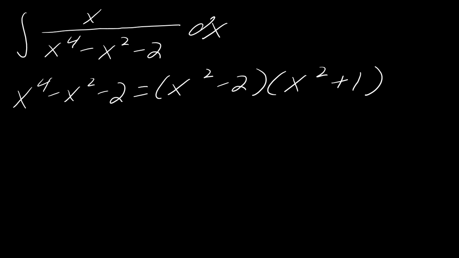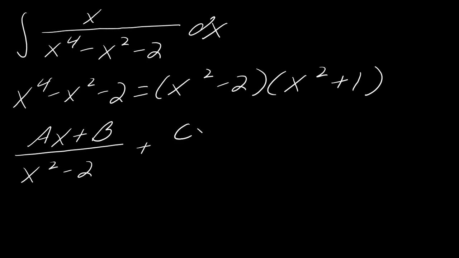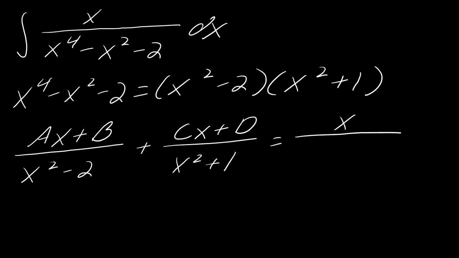For irreducible quadratic factors, the setup now is instead of just being an a, it's ax plus b. So we're going to have ax plus b over x squared minus 2 and cx plus d over x squared plus 1. Those are going to be the setups for this next part.